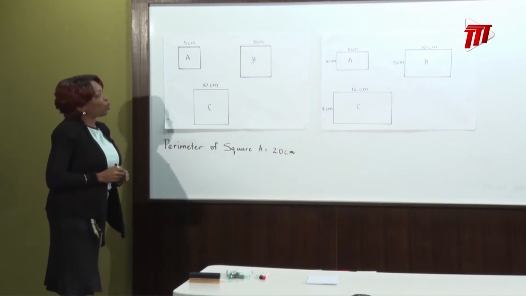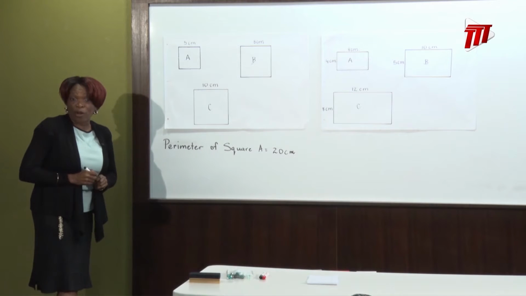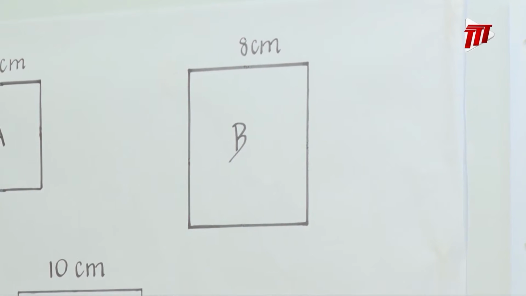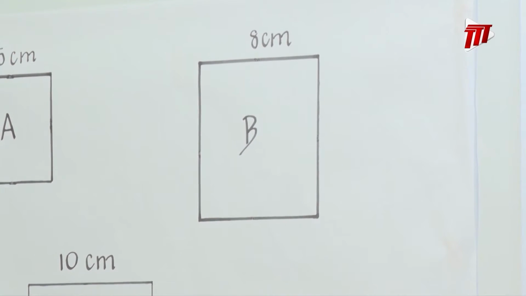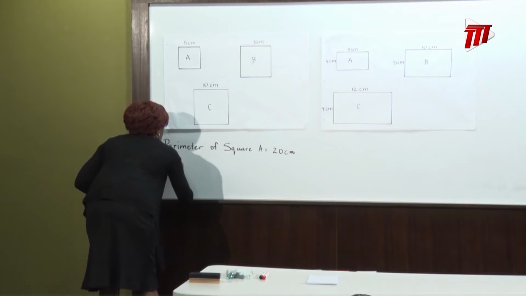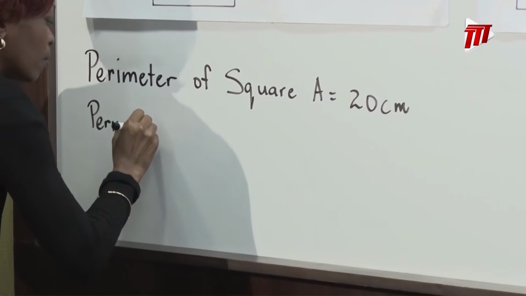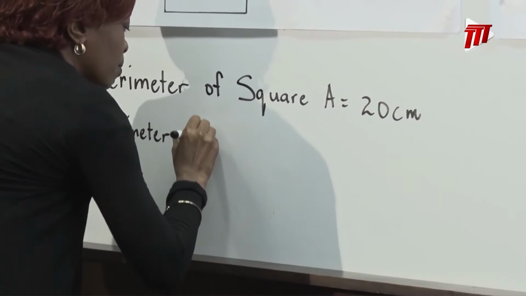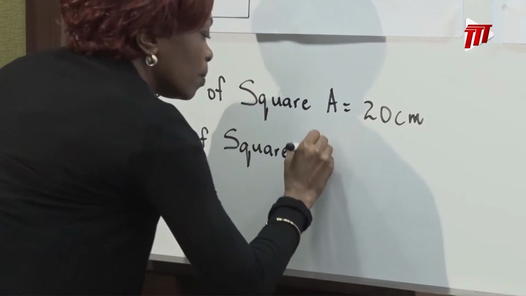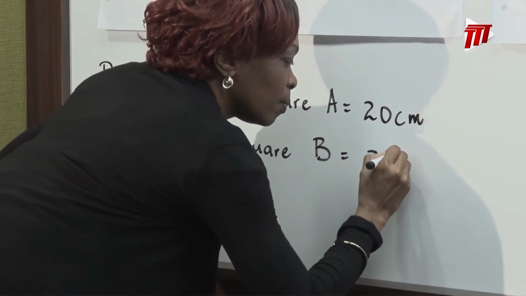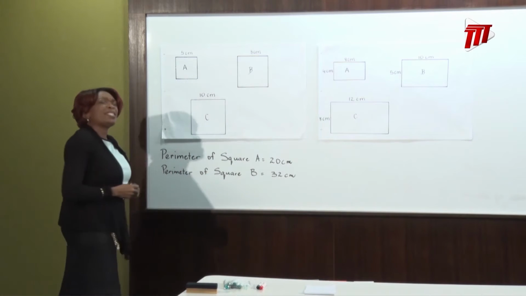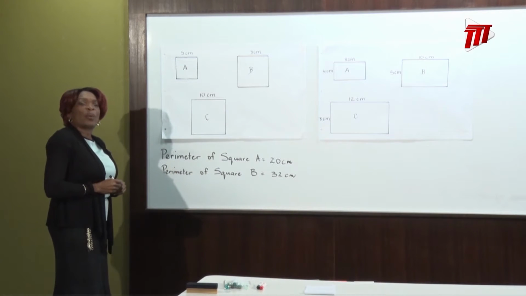Let's look at square B. What do you think the perimeter of square B is? Yes, 8 add 8 add 8 add 8, which will give you 32 centimeters. Let's write it down. So far, so good? Wonderful. What about the perimeter of square C?